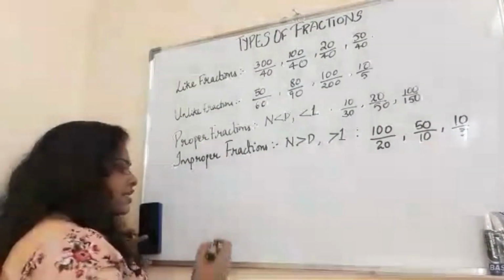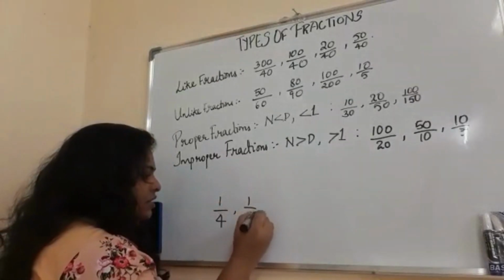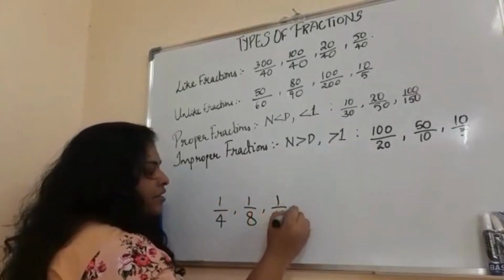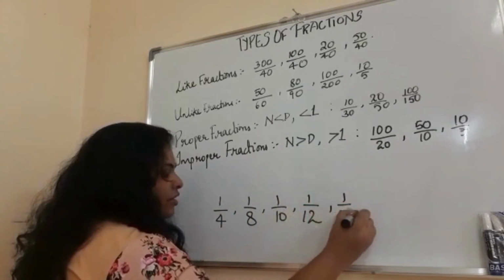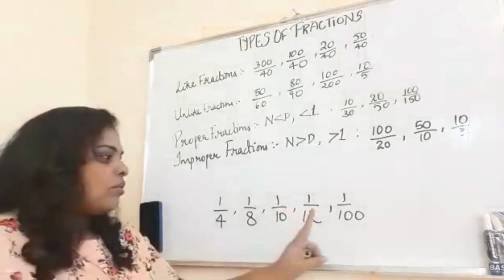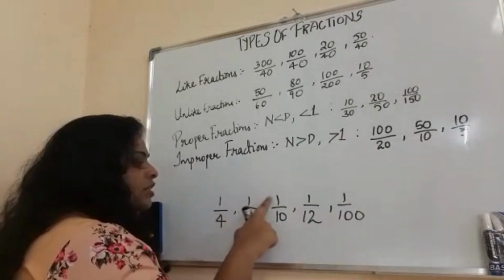I am giving you one example: 1 by 4, 1 by 8, 1 by 10, 1 by 12, 1 by 100. Do you find any common number here? You have 1 common in the numerator.